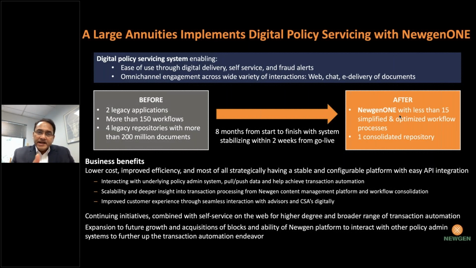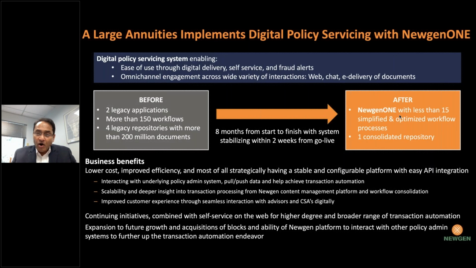Data were presented in an intelligent way for the case workers to take those decisions, to make those recommendations, and then it would integrate with the underlying policy admin system. There were 2 policy admin systems. It would integrate with those to pull, match certain data, see everything is good, and when the approval is done, push the data back into those for downstream and upstream activities to be done.